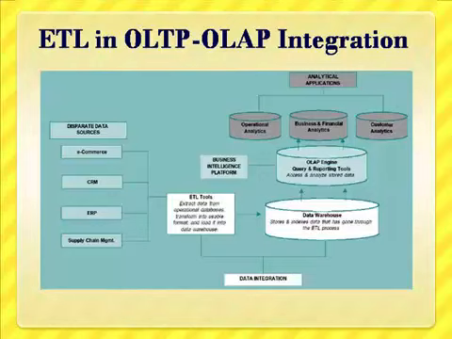The data for data warehouse applications is sourced from OLTP systems. So the bridge between OLTP and OLAP applications is the ETL tool. In the figure, the data coming from the OLTP systems is e-commerce, CRM, ERP and supply chain management.